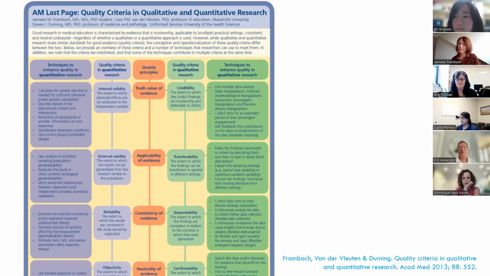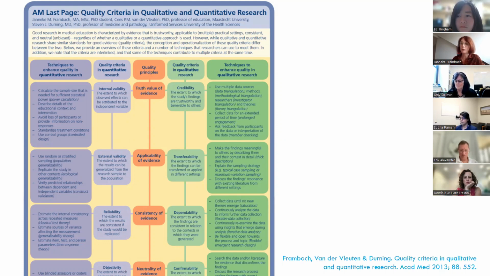So using the techniques that are in the dark green boxes and say, okay, I've done this, I've done that, check, check, check. So now my findings are credible, transferable, and dependable and confirmable. Check, I've reached rigor, or I have achieved quality. And that is not the way it works, I would say.